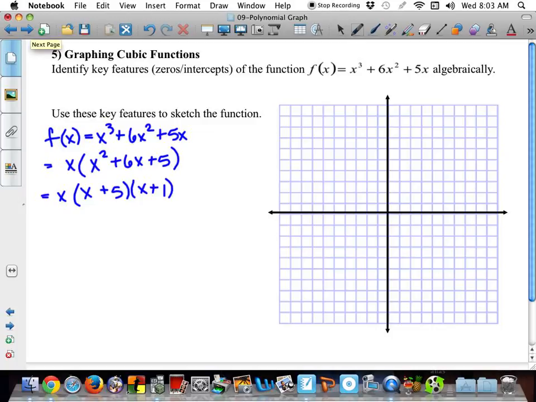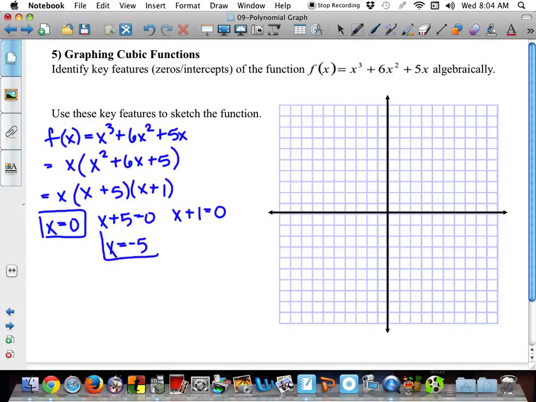And I'm going to set everything equal to 0. So x is equal to 0. All my other factors are equal to 0 as well. And so I have x equals 0 as one, x equals -5 as another 0, and x equals -1 as my third 0. So it's cubic, so we have 3 solutions.